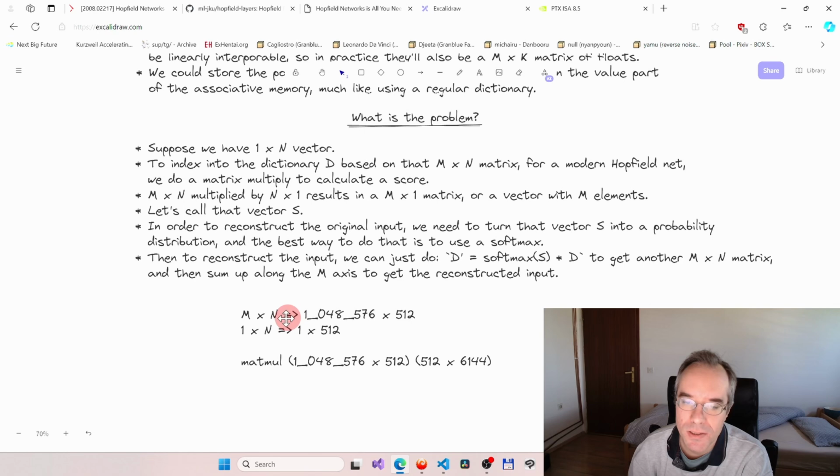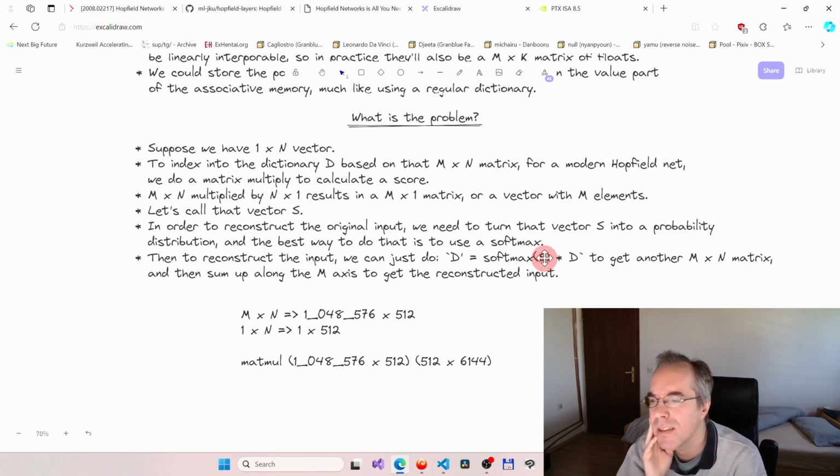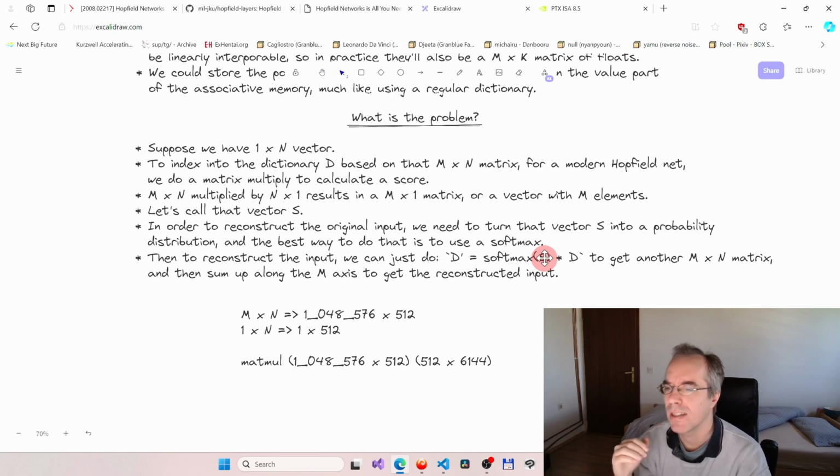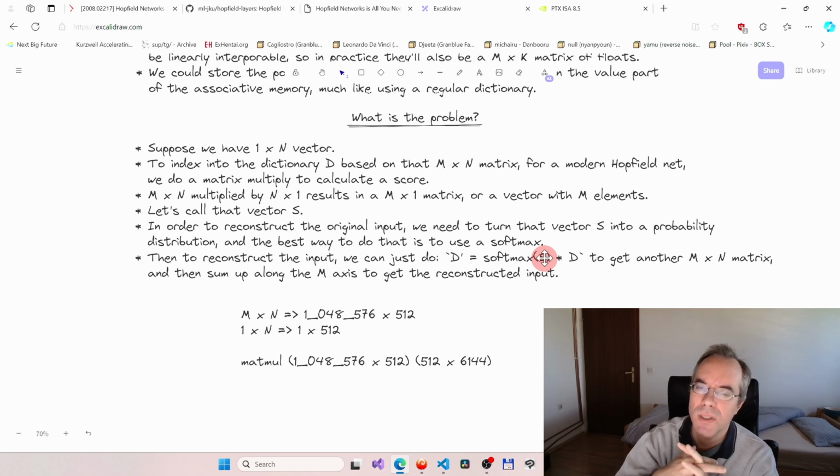And once we have this score matrix, instead of just multiplying it with the keys, what we could do is multiply with the values and interpolate between them.